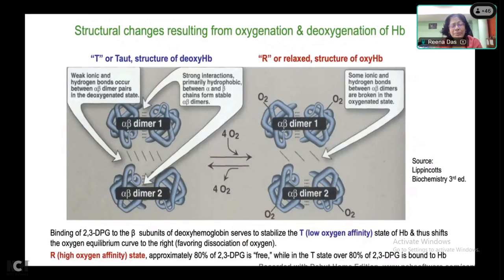When we are breathing, oxygenation and deoxygenation take place. When it is deoxygenated, we call it the T structure. Here, what happens is that you have the alpha and the beta dimers. There is one junction which is very important, and little changes are allowed at the juncture between alpha and beta dimers.